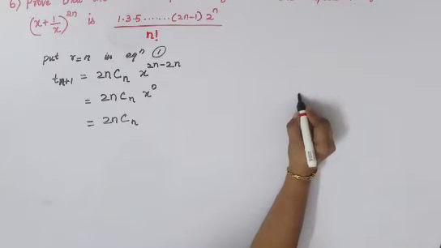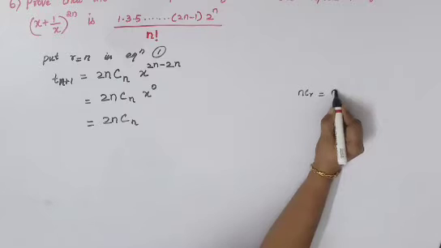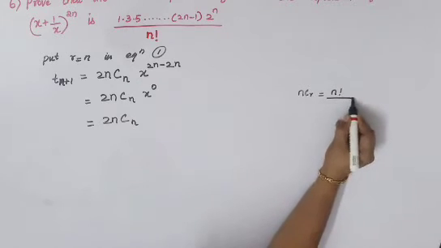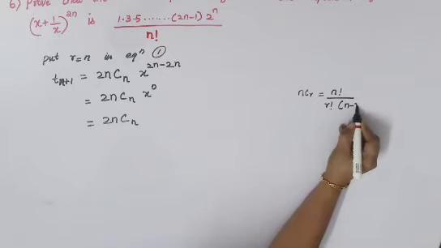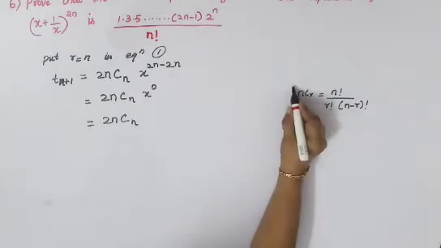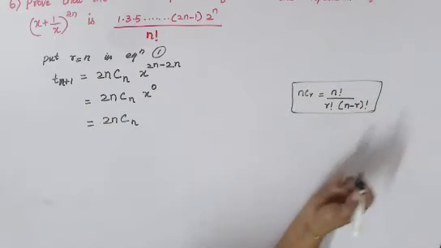We know the formula, nCr is equal to n factorial divided by r factorial into n minus r factorial. So we'll use this formula here.